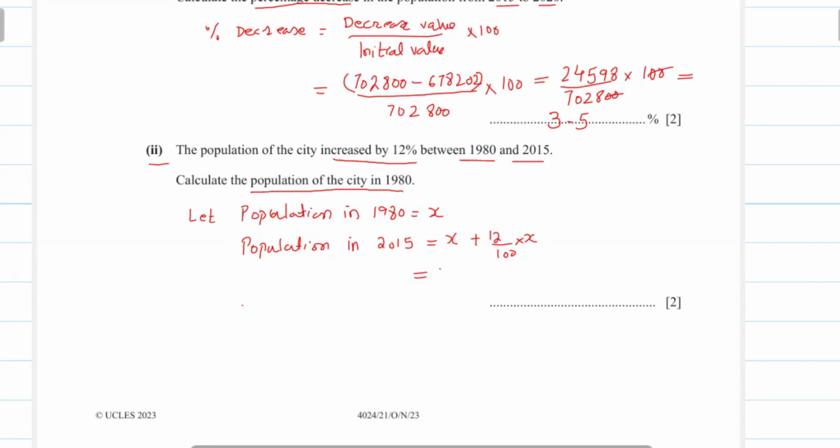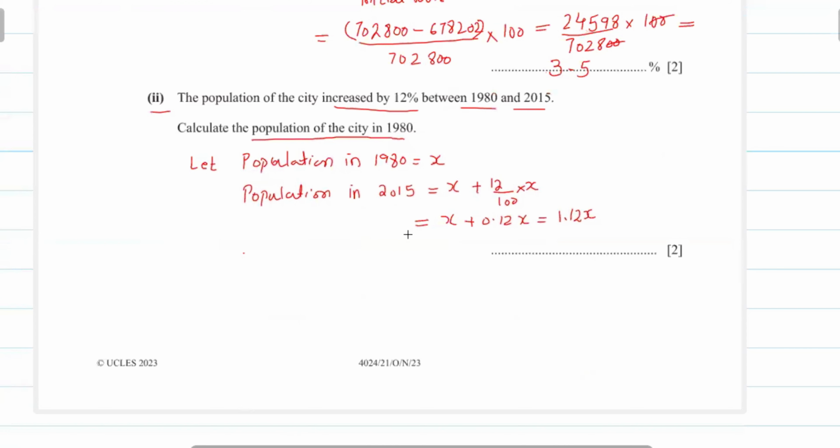Therefore, we can write it as x plus 0.12x, which will be equal to 1.12x.